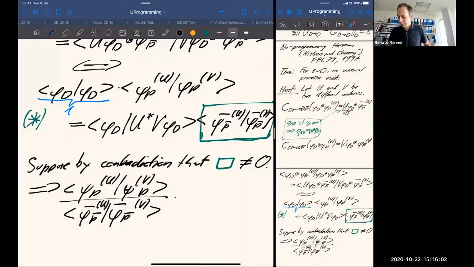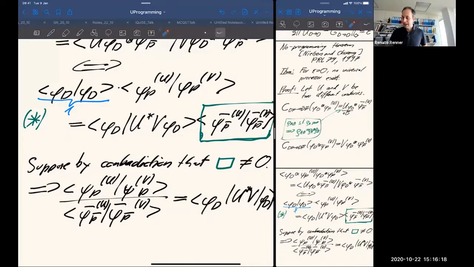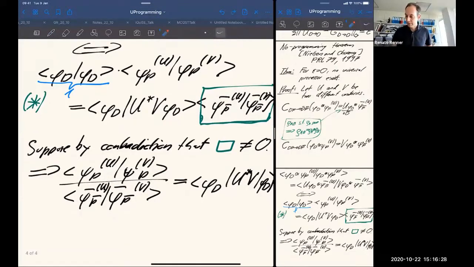And on the right-hand side, what is left is just phi d, u adjoint v, and phi d again. Now the important observation comes here. The left-hand side has no phi d in it, which means that the right-hand side can also not depend on phi d. So let me underline this. So this orange thing must be independent of phi d.